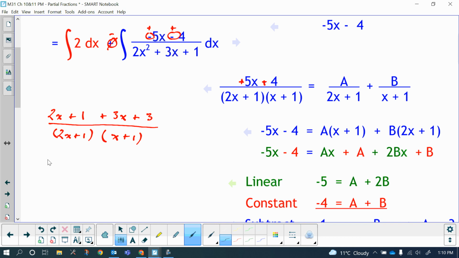Instead, I'll group this part together and that part together, and then put them over the denominator. So I'll have 2x plus 1 over top of 2x plus 1 times x plus 1. And we can see from here that the 2x plus 1's cancel out, and I just have a 1 in the numerator.